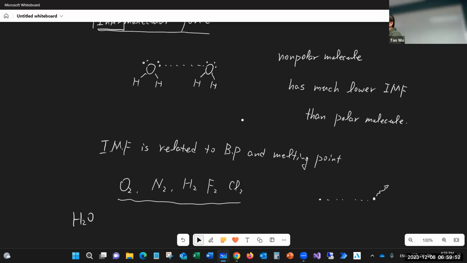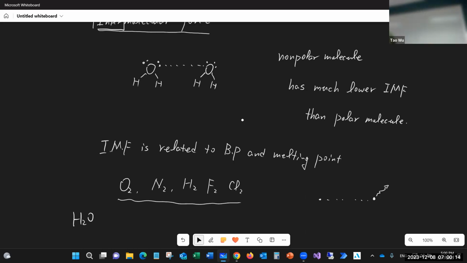And if you're talking about ionic compounds, they have an even higher intermolecular force. Have you ever seen salt? Since ionic compounds in most cases are salts, have you ever seen a salt that is a liquid or gas at room temperature? You never see it.